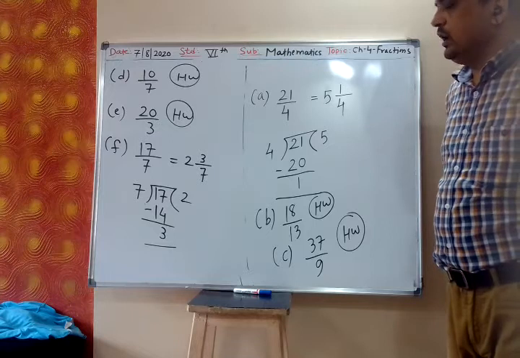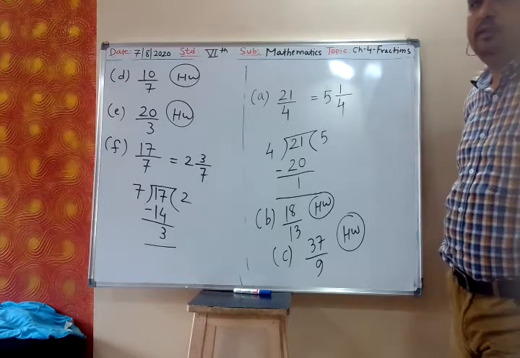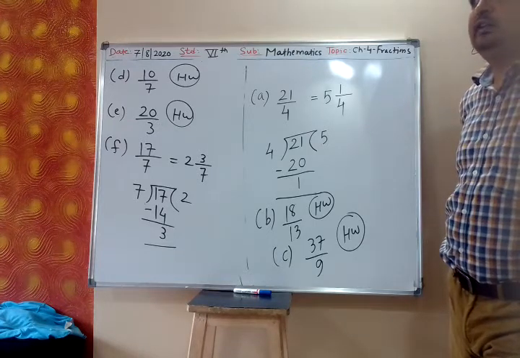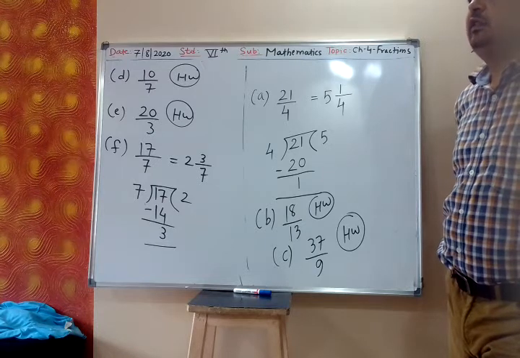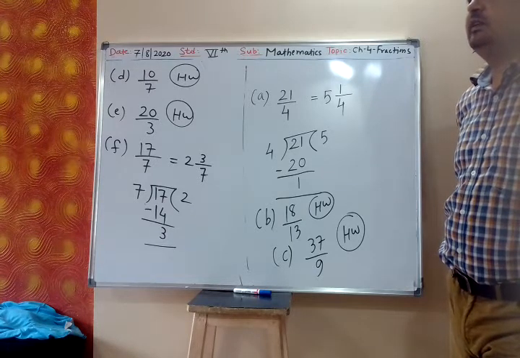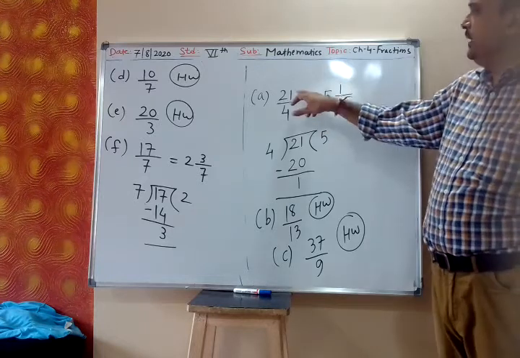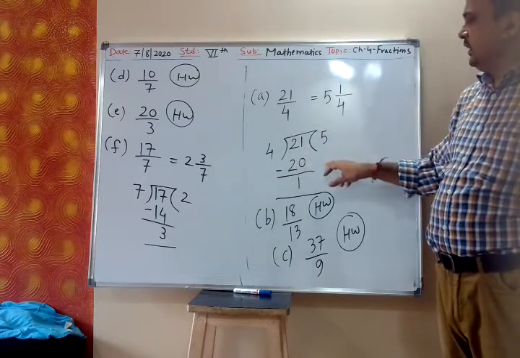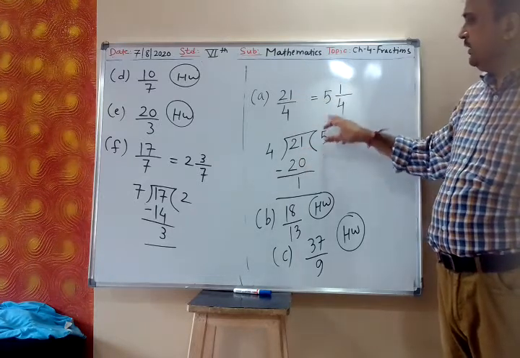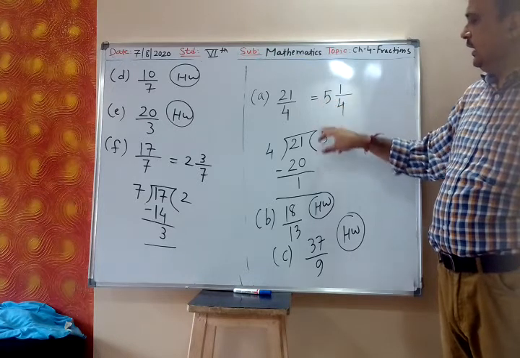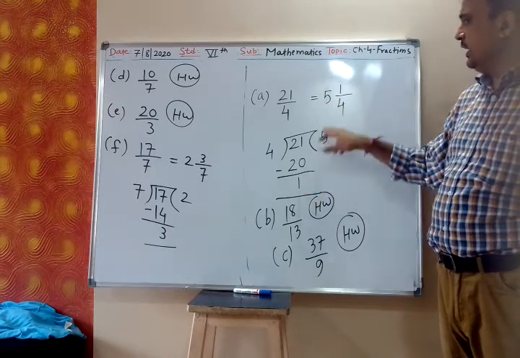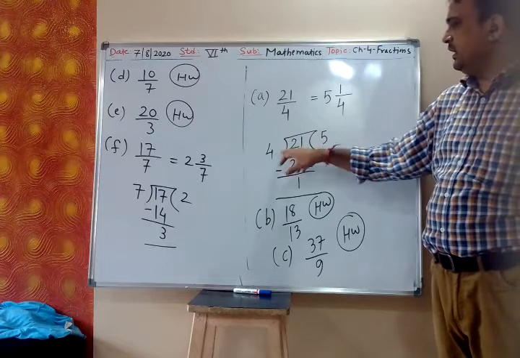So to convert the given improper fraction into mixed fraction, we divide the numerator by denominator. This quotient we write as whole, this remainder we write up, and this we write down.